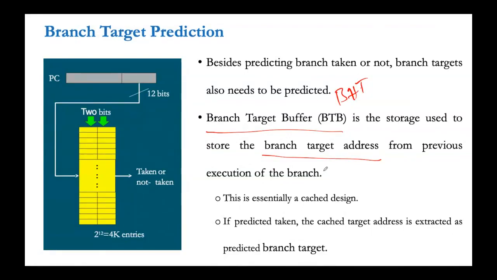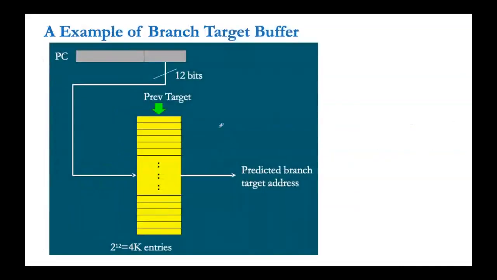So this is essentially a cached design, and if the predicted branch is taken, the cached target address stored in this buffer is extracted as the predicted branch target. This branch target buffer is also similar to the branch prediction one, but here it uses an array.